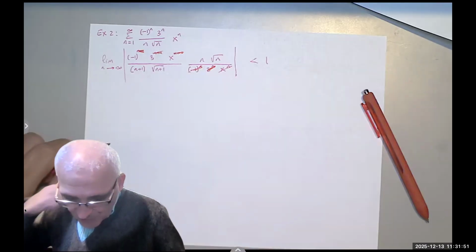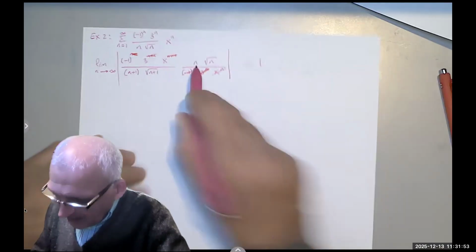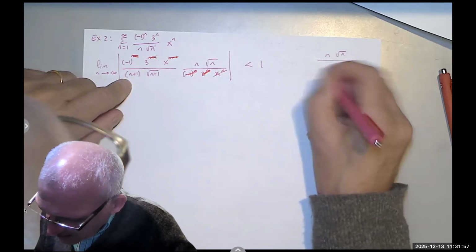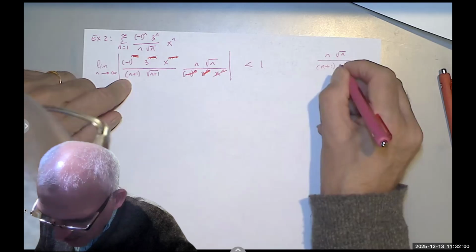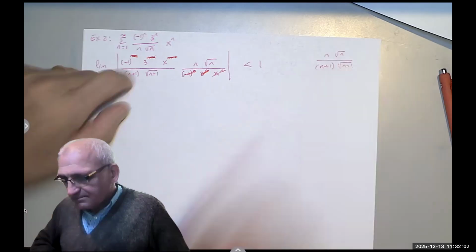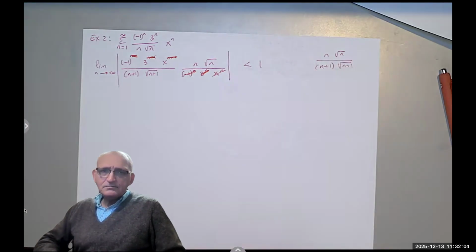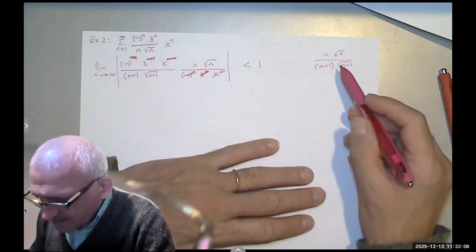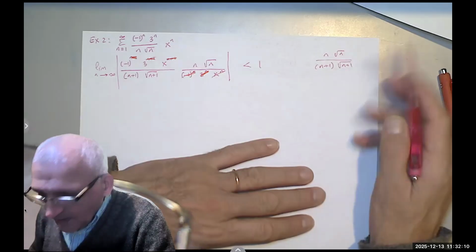So now I want to take the limit of n root n over n plus 1 root n plus 1. And you can see that the limit here is 1 again.